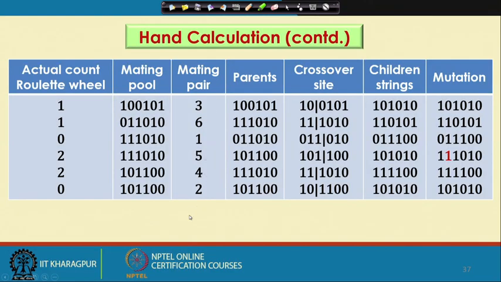That is why in the mating pool we try to select the good solutions only, and there could be multiple copies of the good solutions. Now, let us see how to find out the mating pair. The mating pair is actually selected at random.